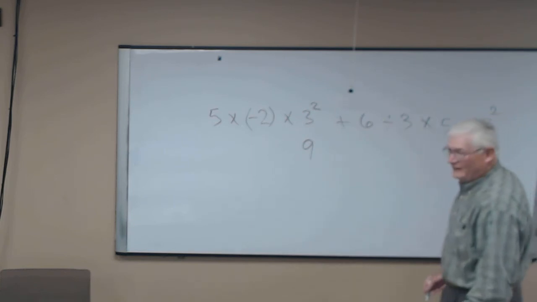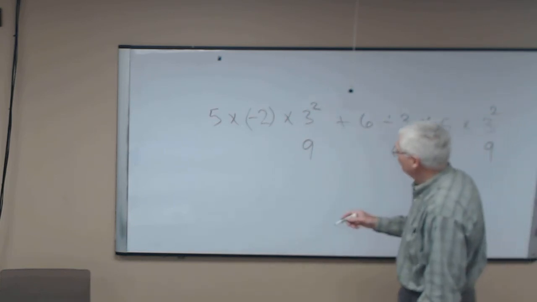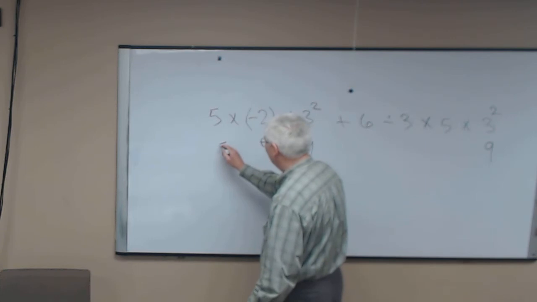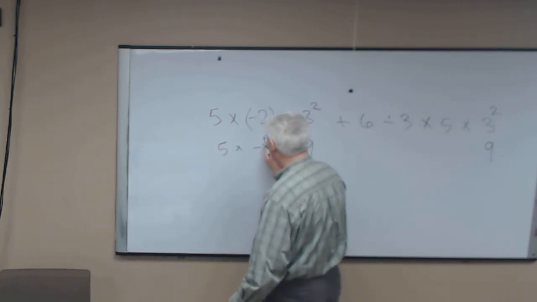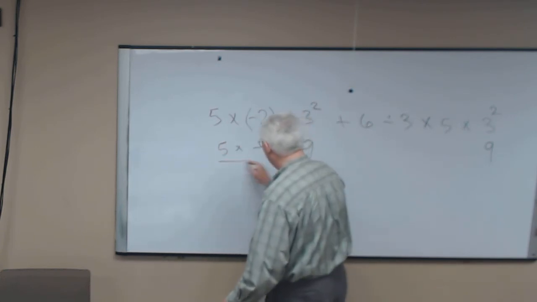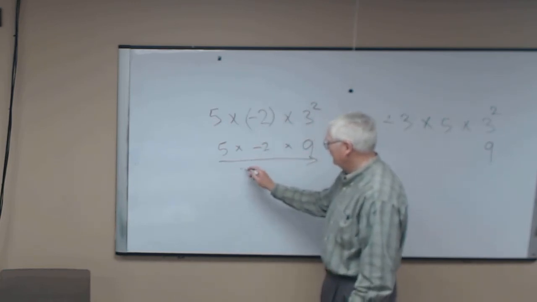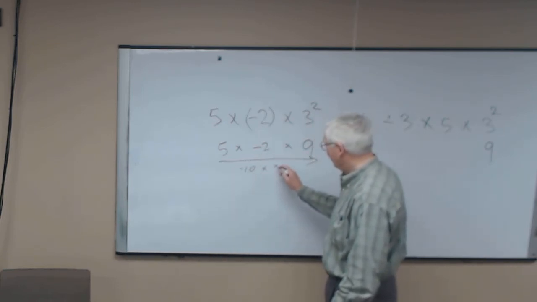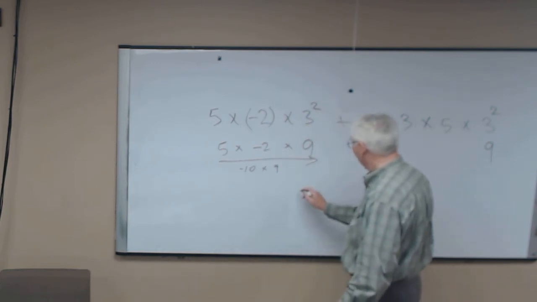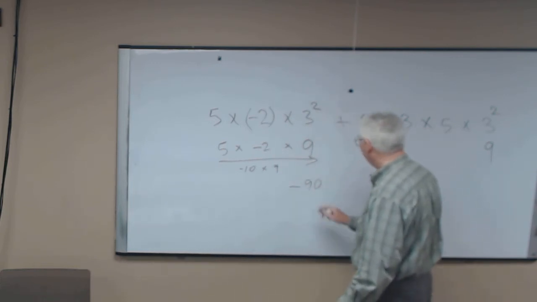So now what do we do next? Multiplication and division from left to right. So what we have here is 5 times negative 2 times 9, from left to right: 5 times negative 2 is negative 10, times 9 is what? Negative 90.